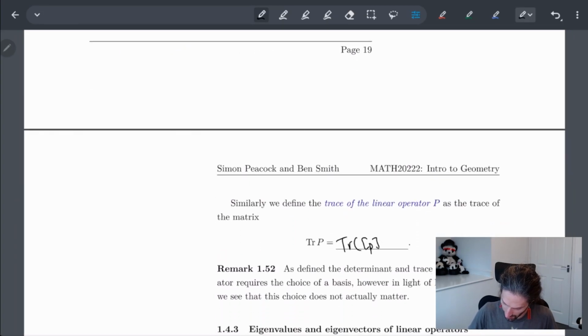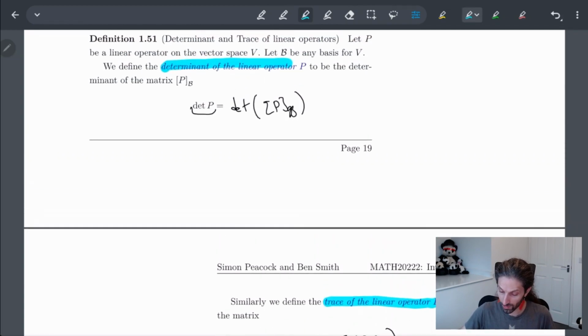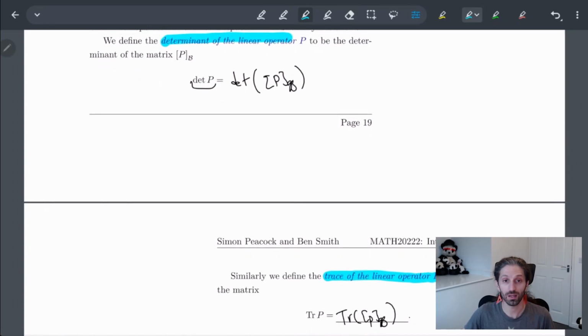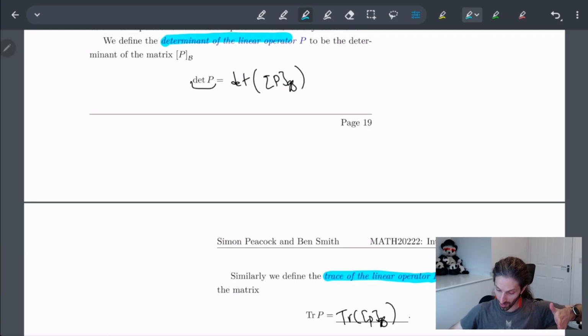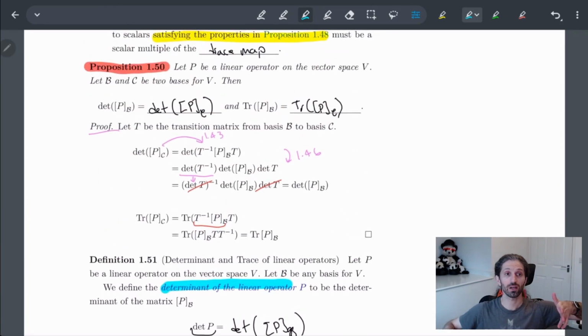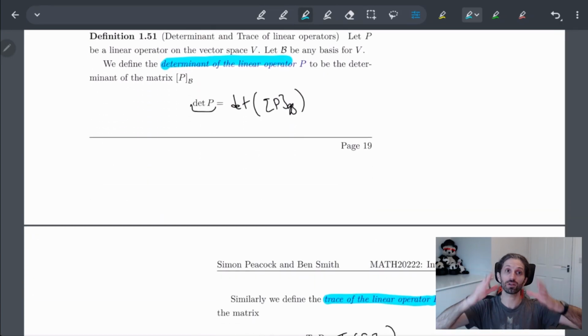A lot of this is just here for notation. But the reason we can do this is only because the determinant stays the same. Because of proposition 1.5, the determinant doesn't change on our choice of basis, which means we can think of the linear operator itself as having this value.